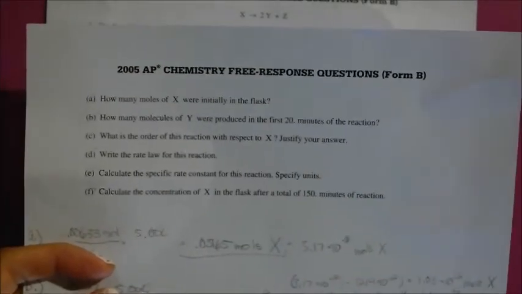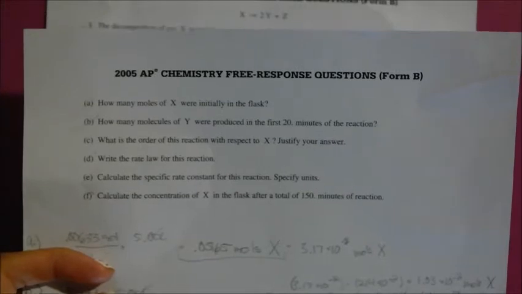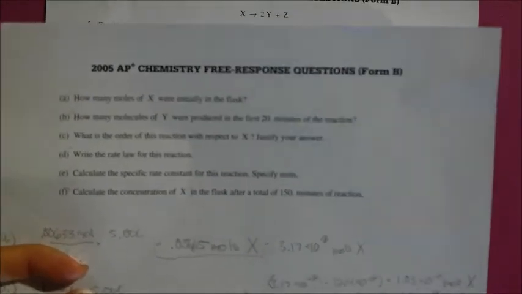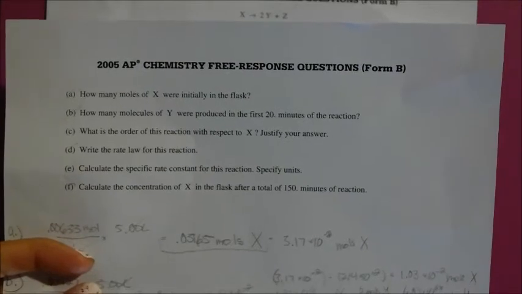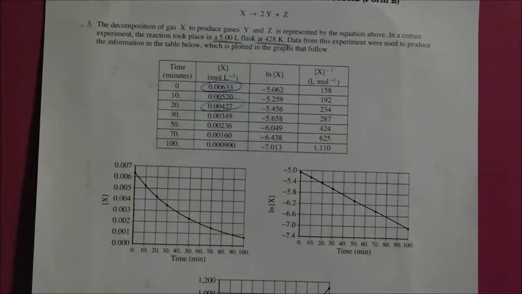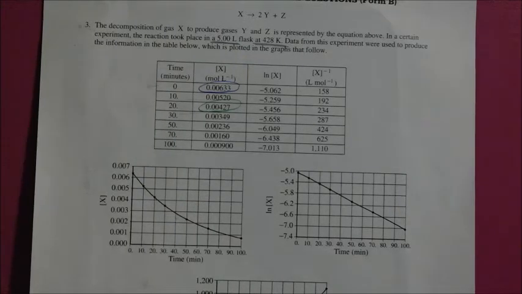Moving on to part C, it asks, what is the order of this reaction with respect to X? And justify your answer. So what we're going to do is look back at our data. Looking at the data and the graphs, I can tell that the order of this reaction with respect to X is first order.